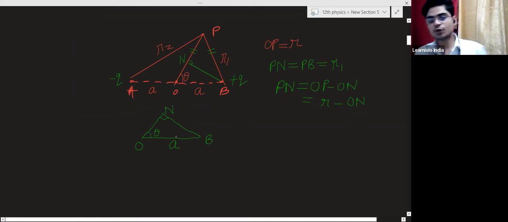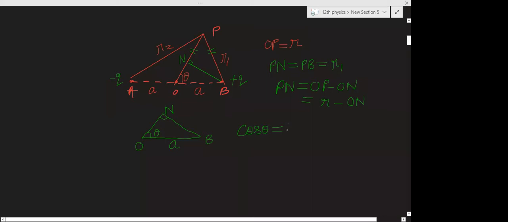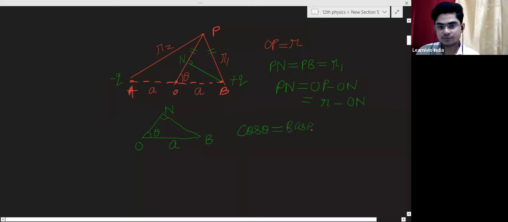If we want to calculate the value of cos theta from this triangle, how will we calculate it? What is cos theta in a triangle? Base divided by hypotenuse. Very good.